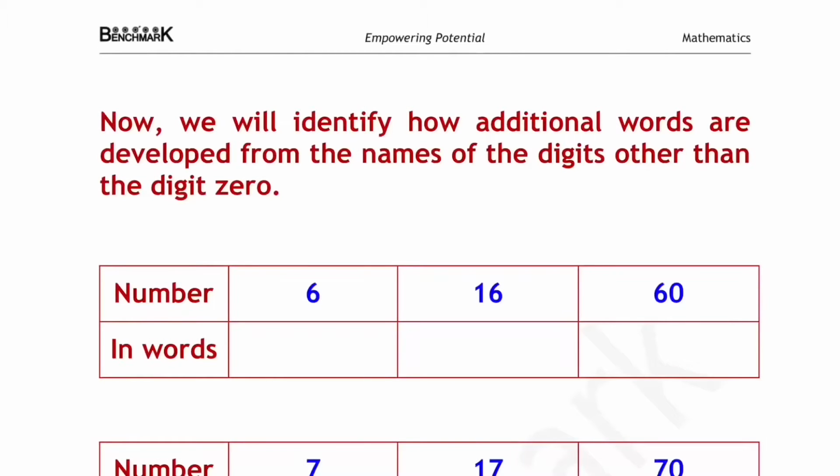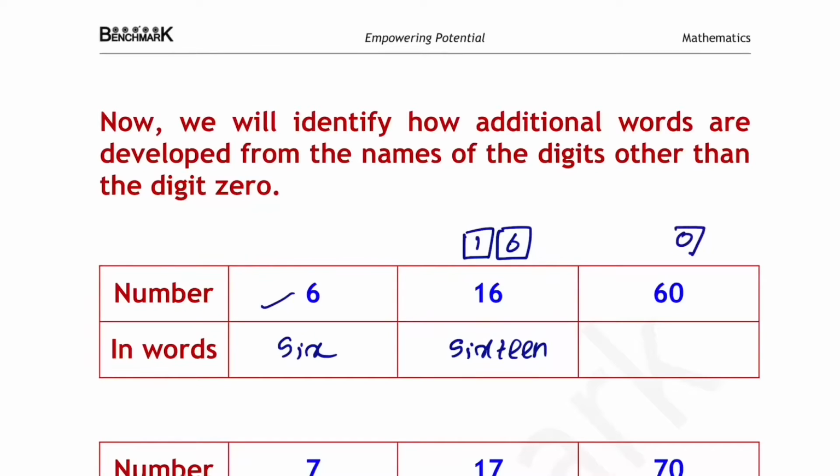You are aware that this is digit 6. Can you enter with me? SIX. When you keep digit 1 in front of digit 6, TEEN will be added to the word 6, so it becomes SIXTEEN, that is 16.